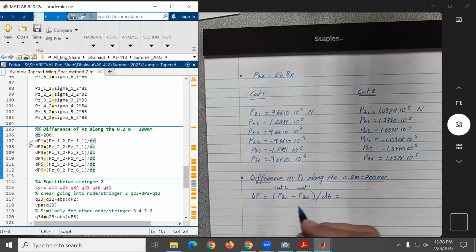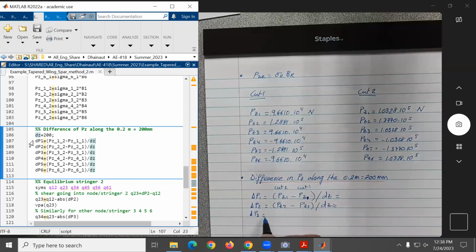And we do the same thing for every single one. So delta P2 will be PZ2 cut 2 minus PZ2 cut 1 divided by DZ.